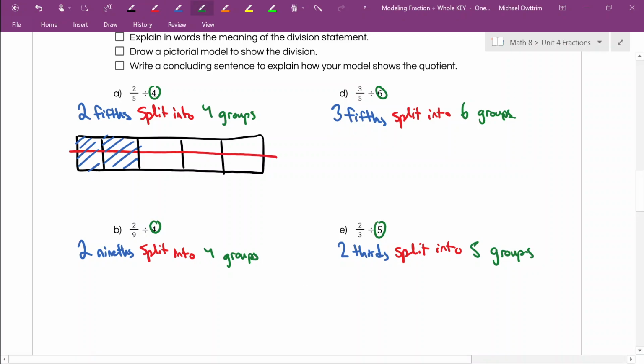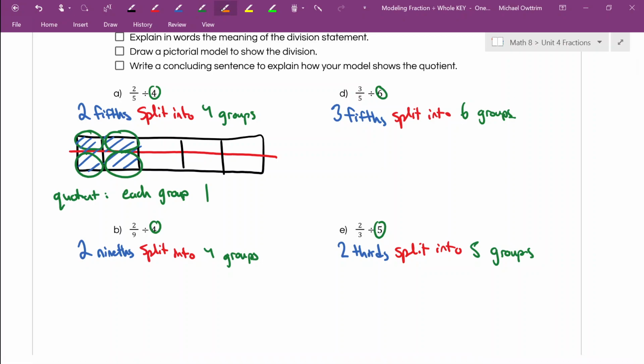And we now have 4 groups. 1, 2, 3, 4 groups. And what is in each of those groups? Well, we have one part. So in each group, we have one part. And those parts are out of how many in a whole? 1, 2, 3, 4, 5, 6, 7, 8, 9, 10 in a whole. So each group has 1/10, and we'd say the solution here is 1/10.